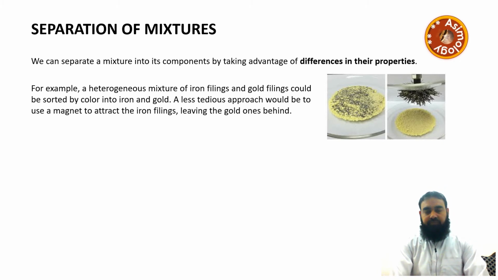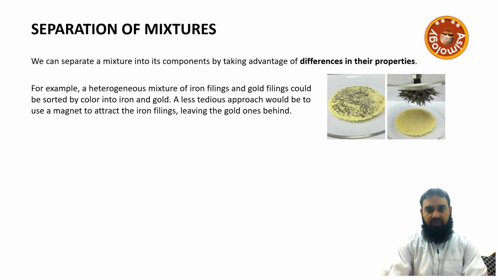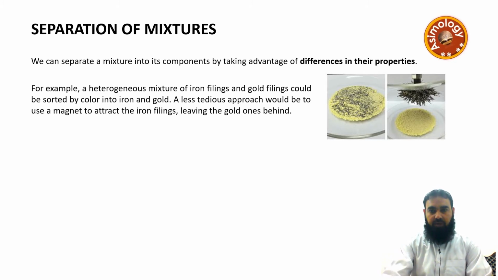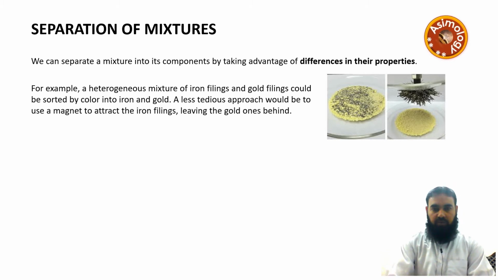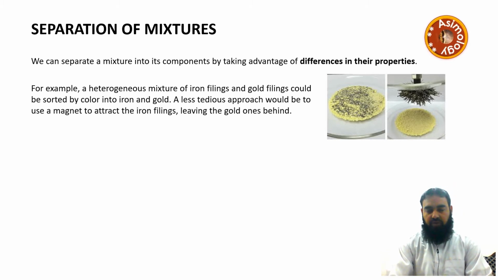So each component has retained its identity. By taking advantage of the difference in their properties, you can separate the mixture. So let's say, for example, by picking the iron particles from this mixture, you can separate the two components.